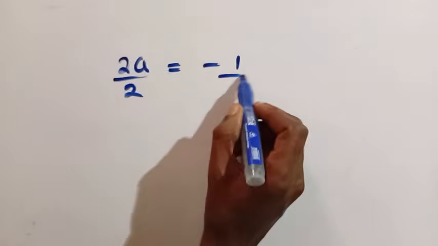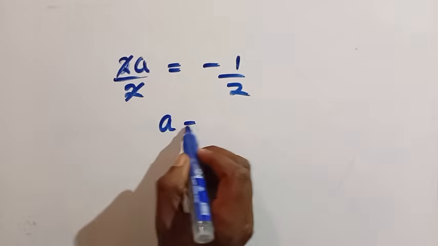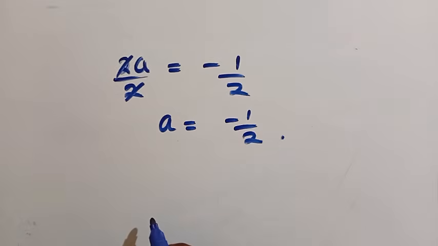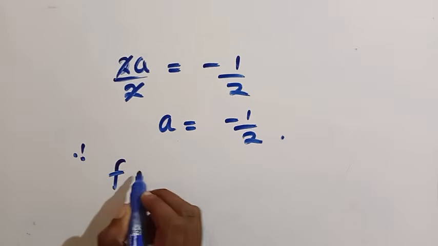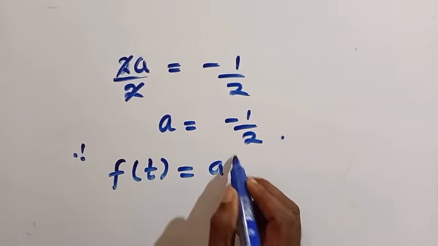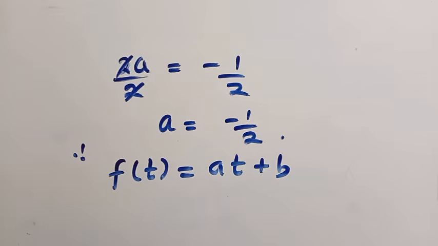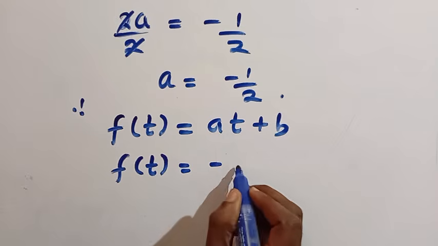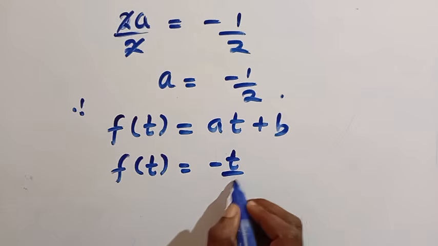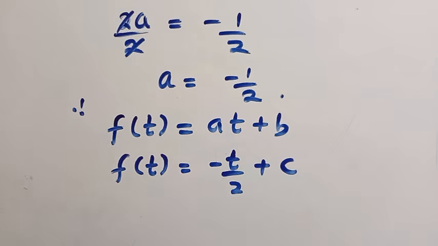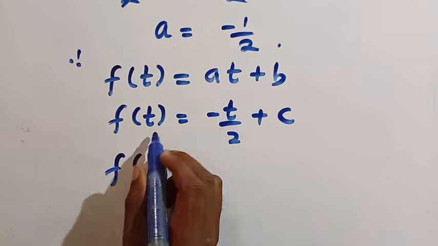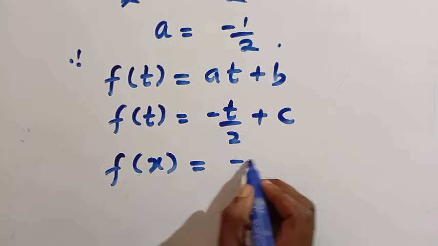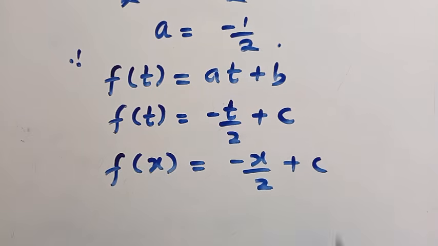Let's divide both sides by 2, so a equals minus 1 over 2. Taking this back into f of t equals at plus b, note that b here is a constant, so we have f of t equals minus t over 2 plus c. Changing t to the real variable, f of x equals minus x over 2 plus c.